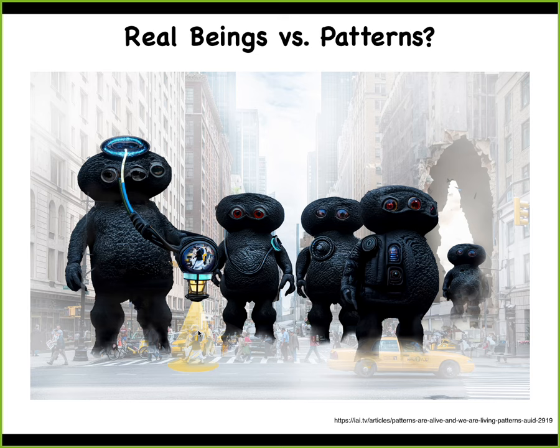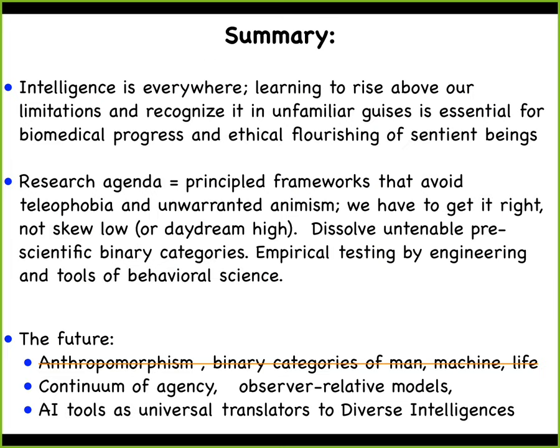All agents are actually patterns in some medium, and so I think we have to be really careful in our commitment to expanding our ability to recognize novel minds, whether they be in physical embodiments like ours or something really very alien. So I'll end here, and just point out that I think intelligence is probably very widely distributed throughout the world. Learning to rise above our evolutionary limitations and recognize it is, I think, critical to expanding this idea of sentient beings.